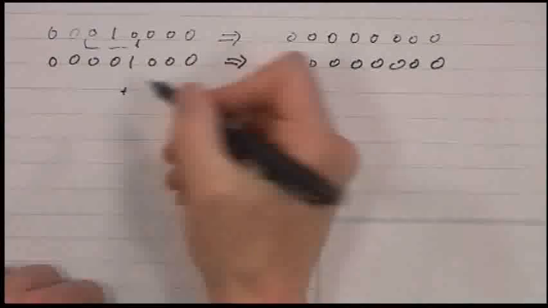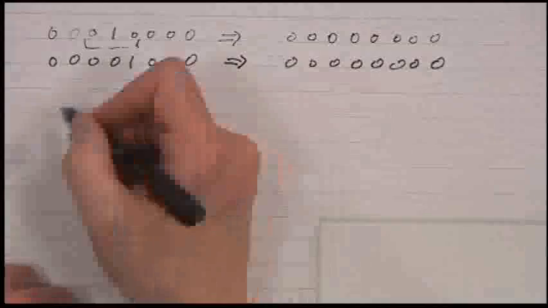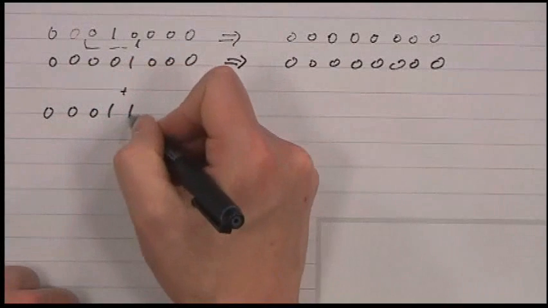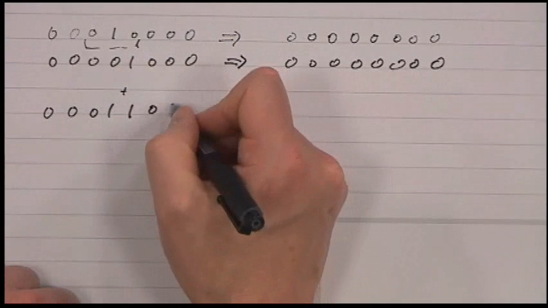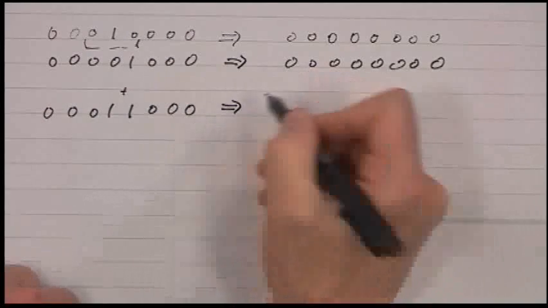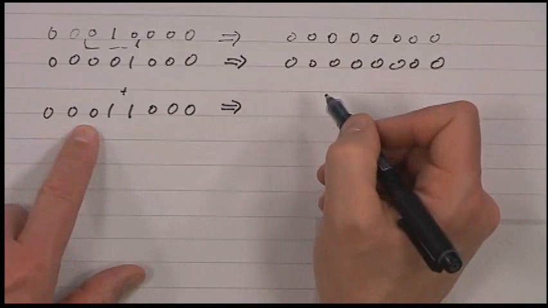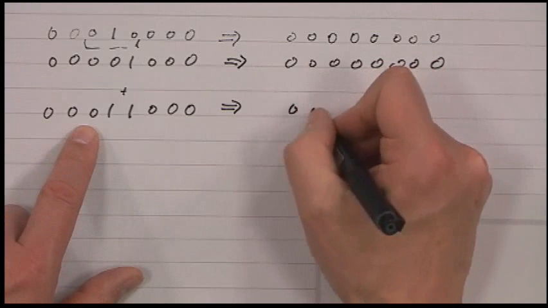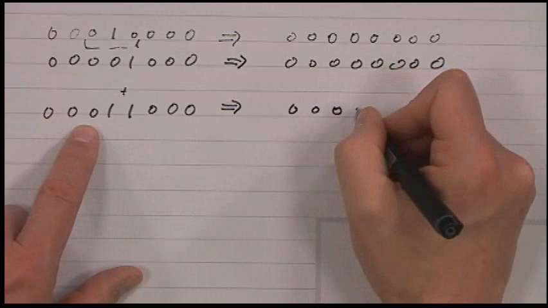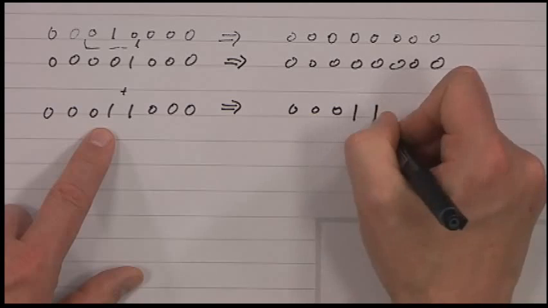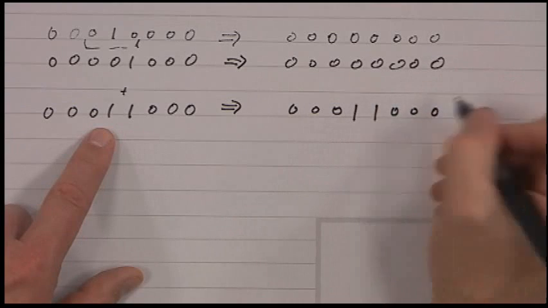Now, if I sum these two together, if I add them, then I get 0, 0, 0, 1, 1, 0, 0, 0. The output of that, if I apply the median filter, is going to be 0, 0, 0, and then at this point a 1, 1 and 1, and then 0, 0, 0.